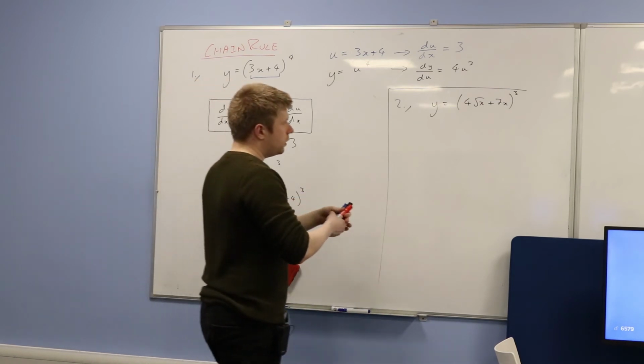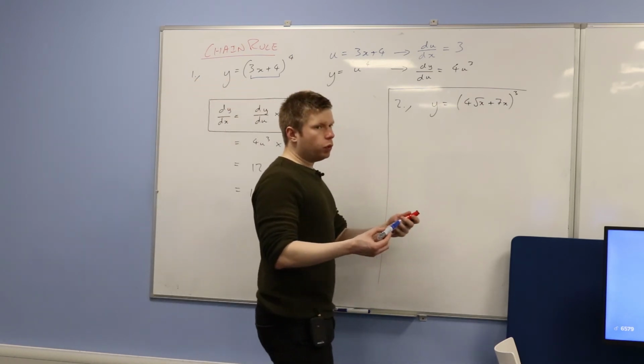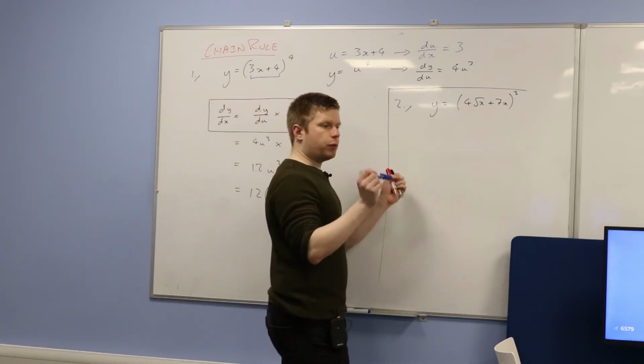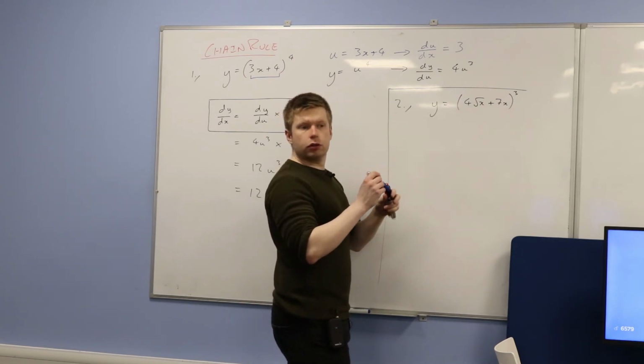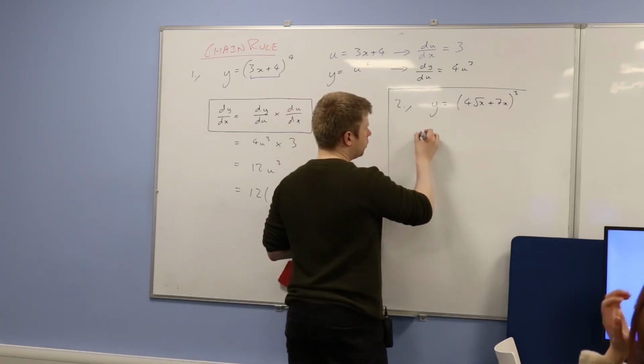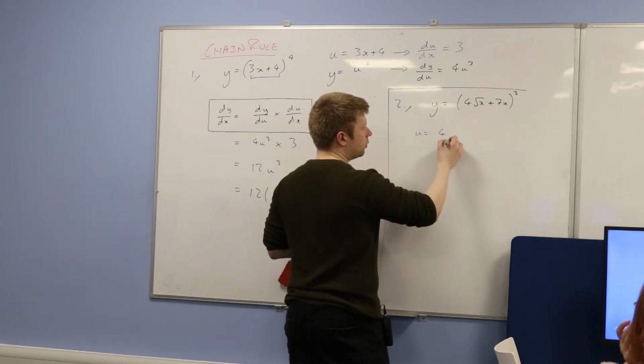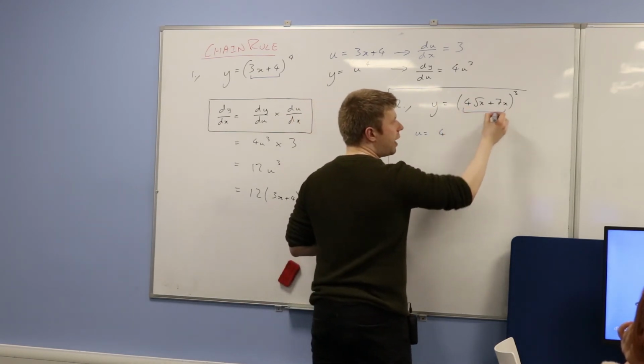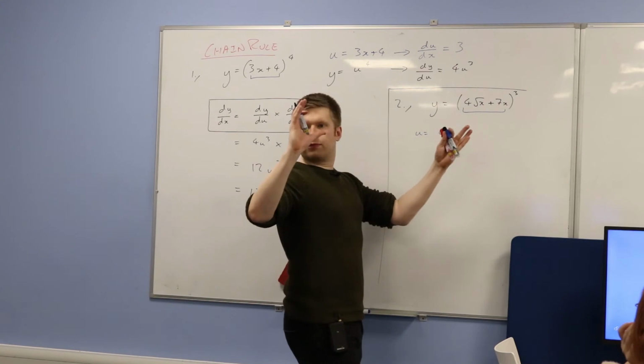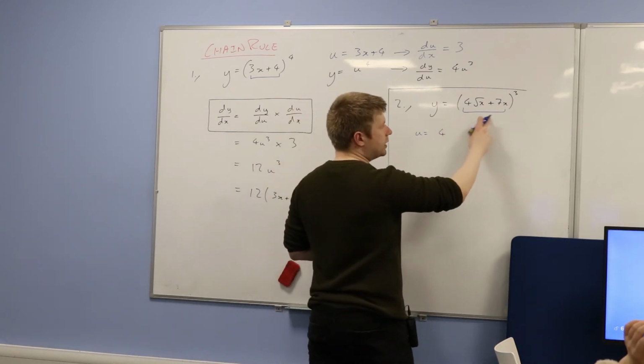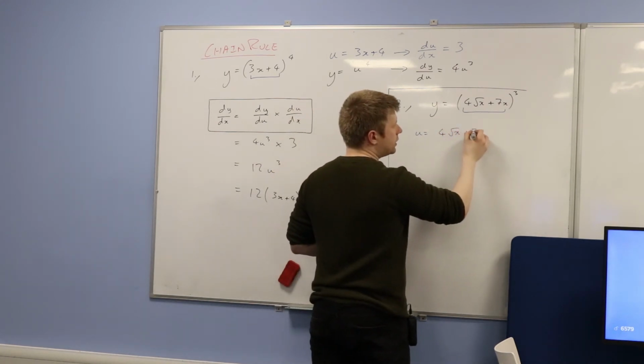Okay. Let's do this. First of all, which function is buried within the other function? So what am I going to let u equal? It's going to be that bit there, isn't it? Yeah, the cubed is the bigger function, and the function within it is the 4 root x plus 7x.